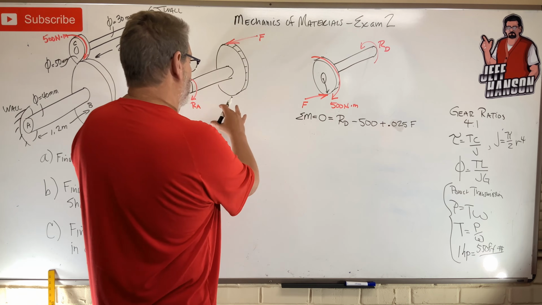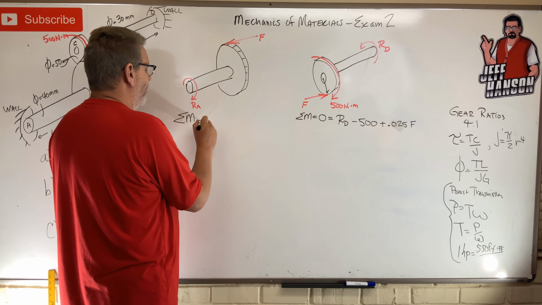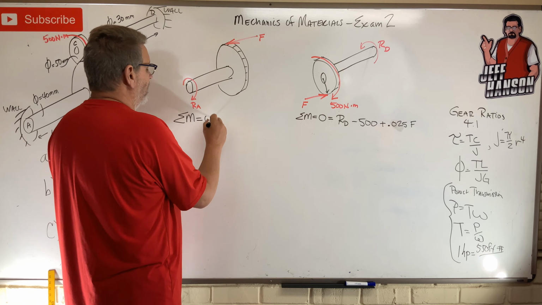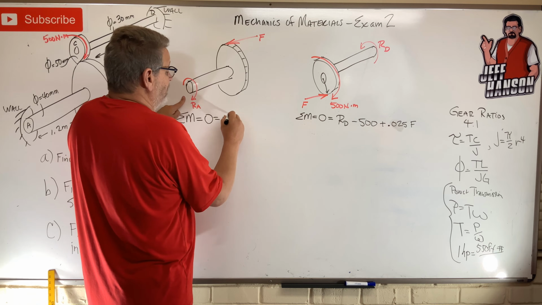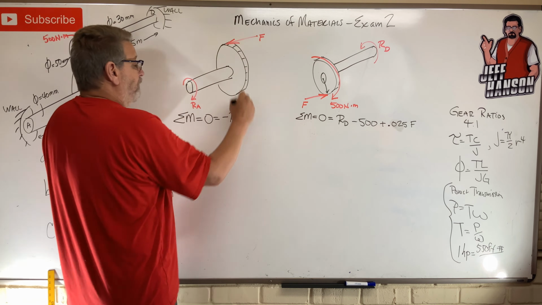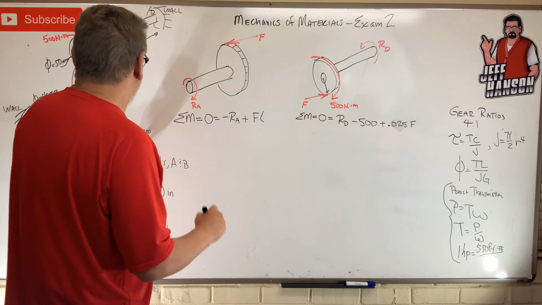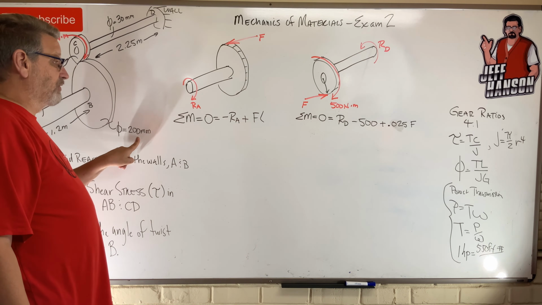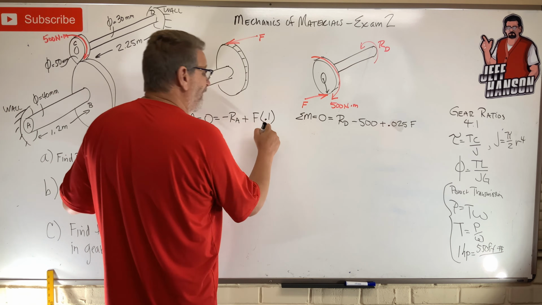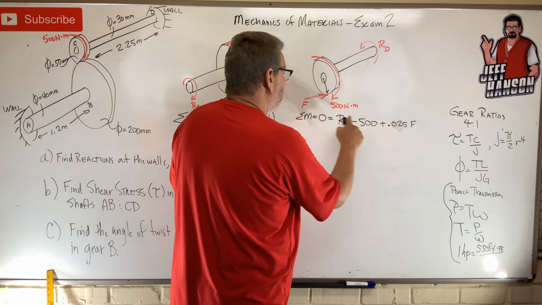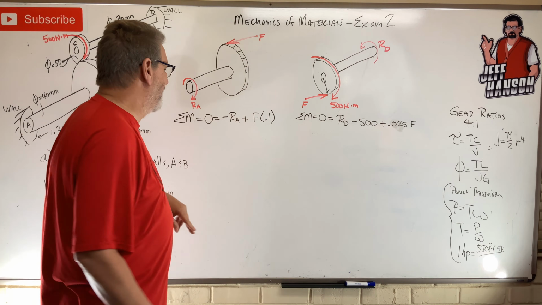Let's come over here and do the exact same thing for this one. What do we have over here? I've got this going clockwise, so minus RA, and then plus F times how far away? The diameter is 200, so the radius would be 100, so that would be 0.1. And why did I change it to meters? Because that one right there was in meters, so now my units are all the same.